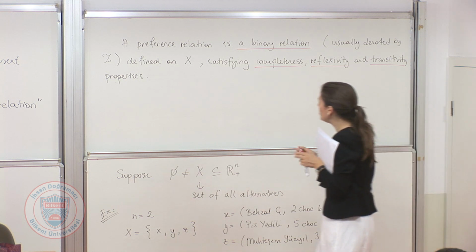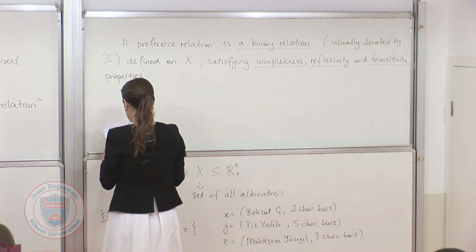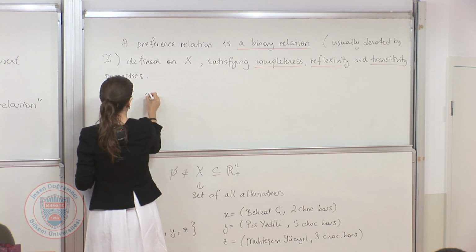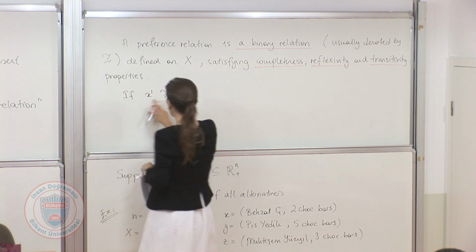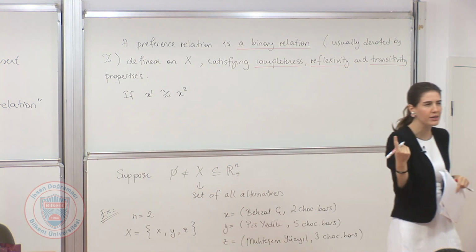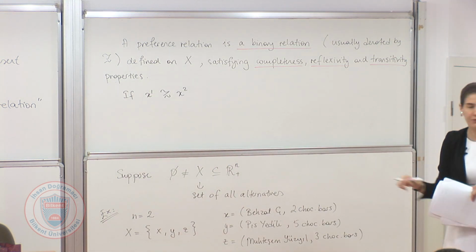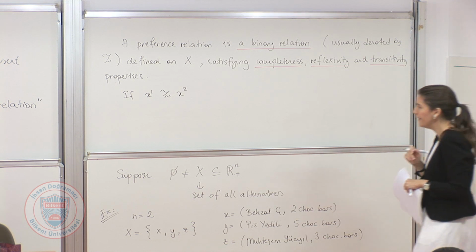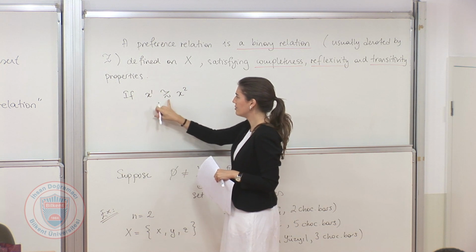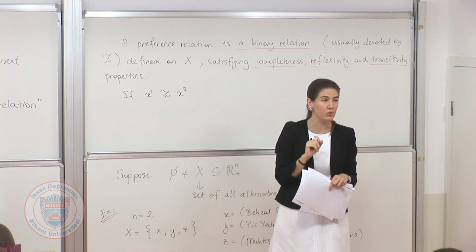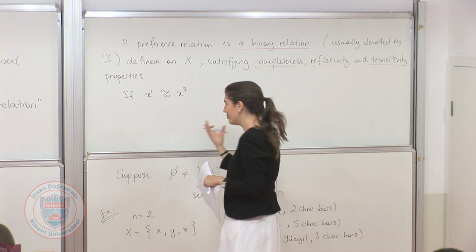But usually, for instance, we say this: if x1, x2, so you can call this x1, x2, are elements of the set of all alternatives, okay? So if x1, if you put this relation here and then x2, we should be able to read this.